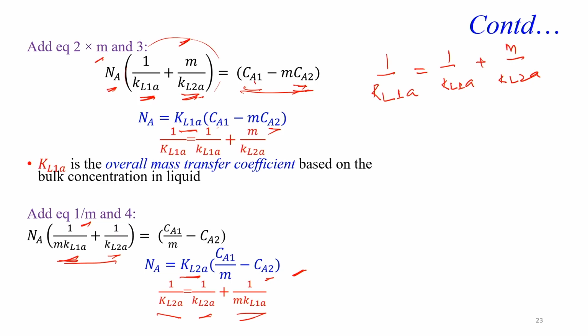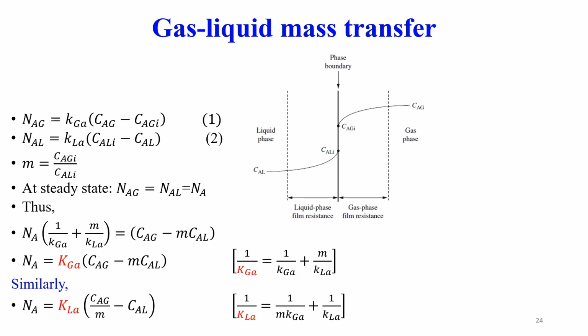Now, we can do the same exercise for gas-liquid mass transfer. You can see this is the gas phase and this is the liquid phase. The concentration in the gas phase is CAG, at the interface it is CAGI, in the liquid phase at the interface the concentration is CALI, and in the bulk liquid phase it is CAL.